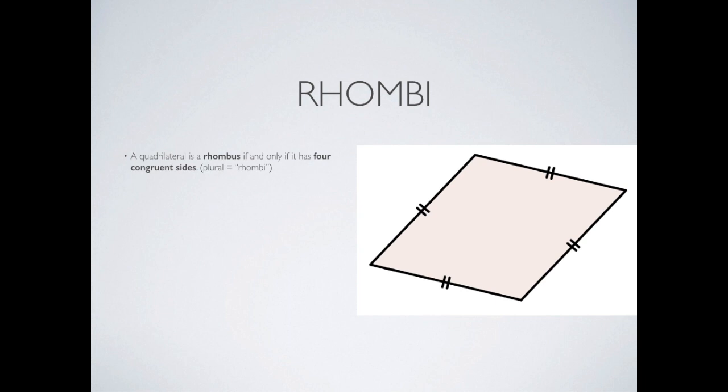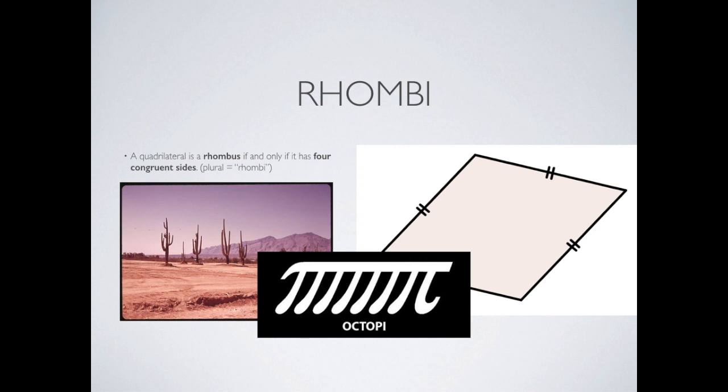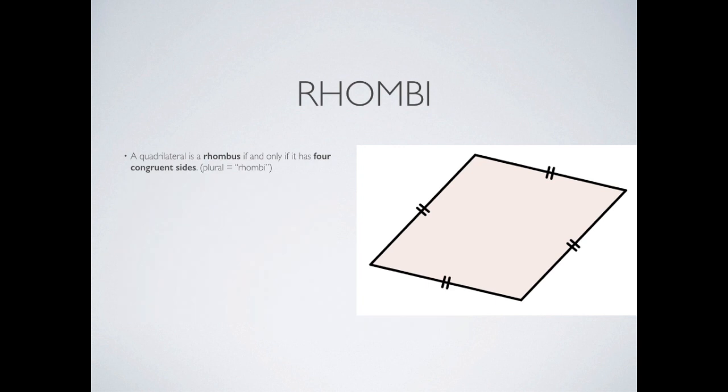You'll probably want to include that in your notes as well. You can sketch a rhombus, or you can use one of the geometer tracers. The plural of rhombus is rhombi. There are some other words that follow that same type of plural rule, like cacti for cactus, or octopi for octopus. Just a fun plural tidbit there.